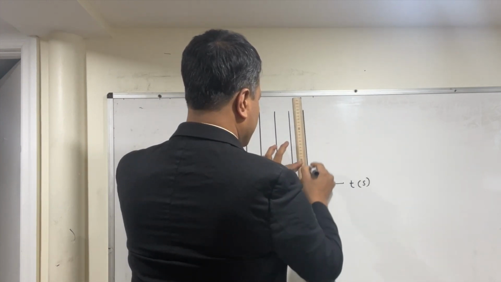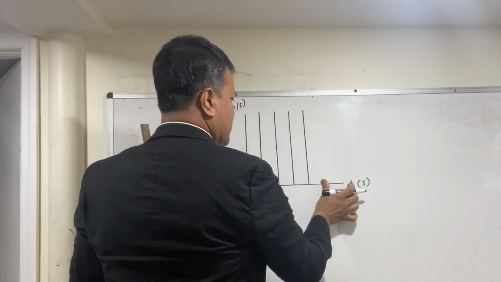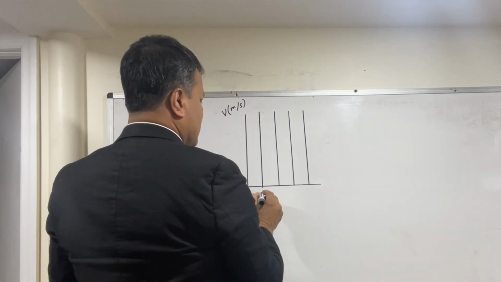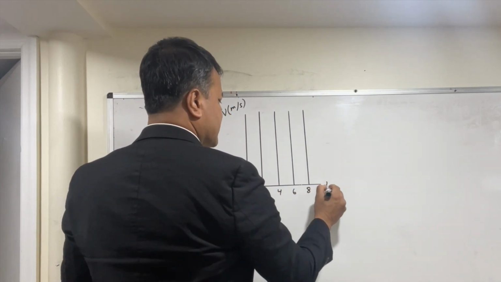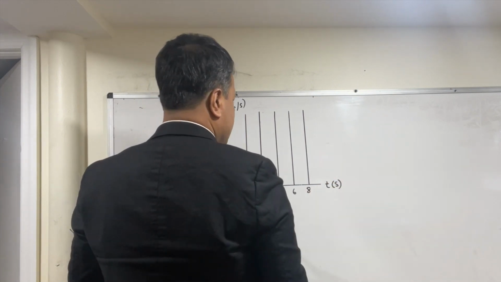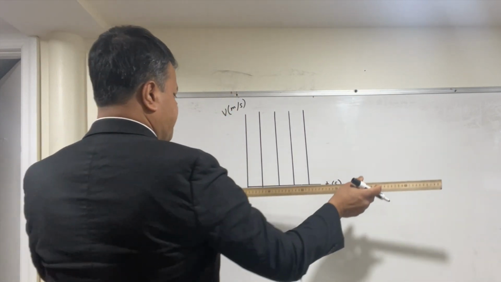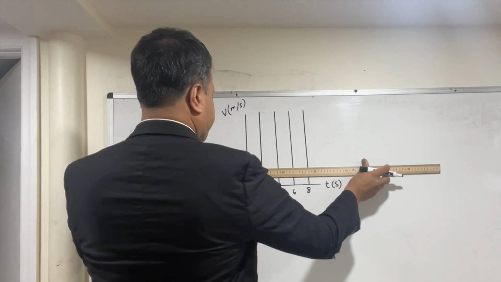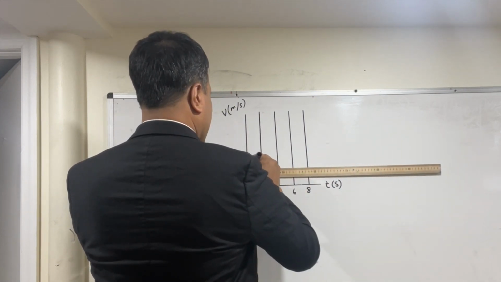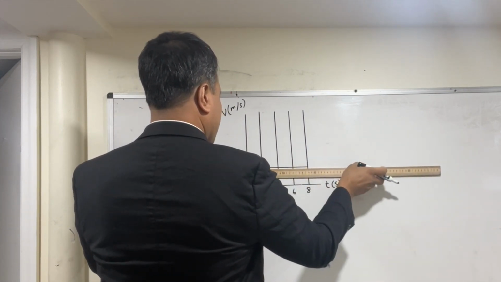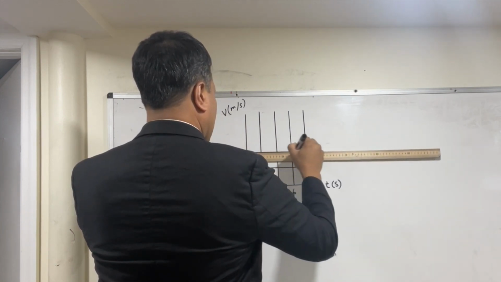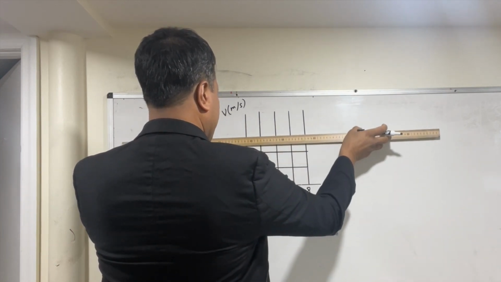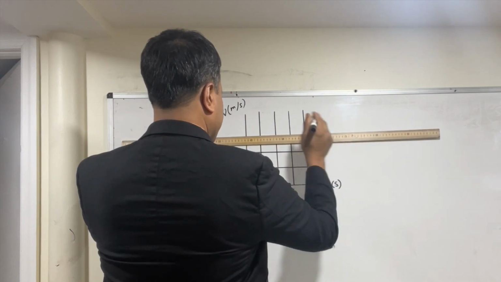I'm not drawing it to scale. So 2, 4, 6, 8 seconds is the total trip. And the minimum velocity, let's say, is 0, and the maximum velocity, let's say, is 15.